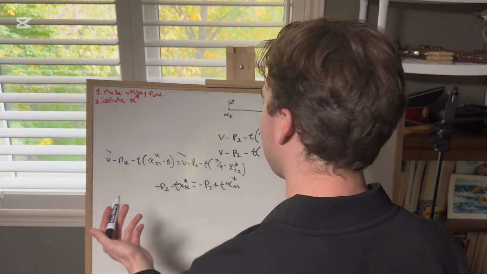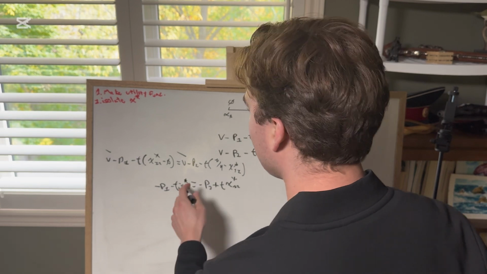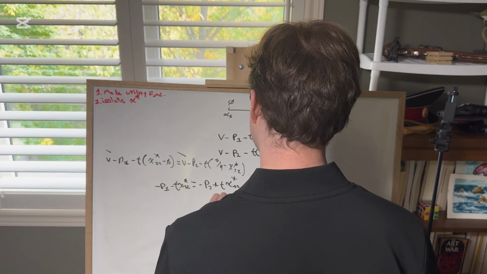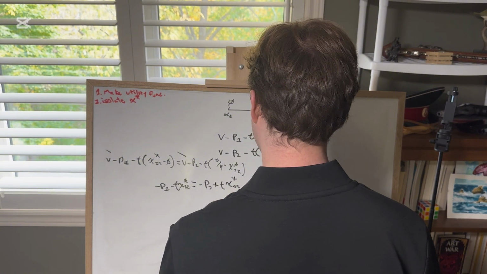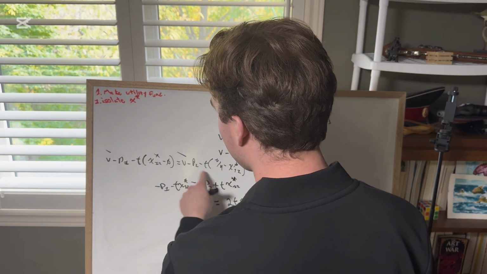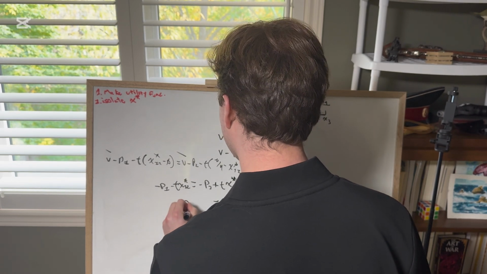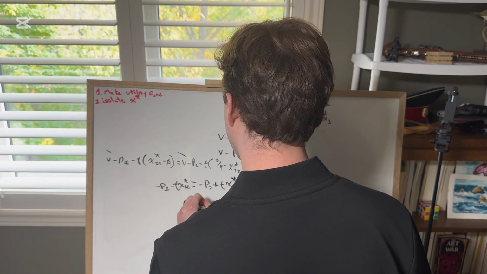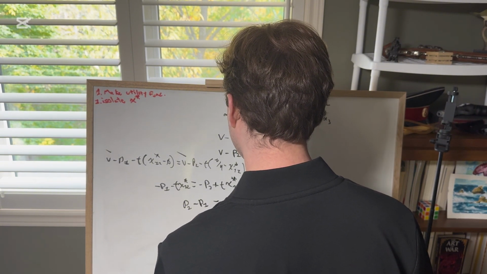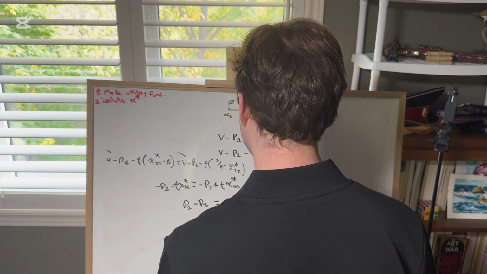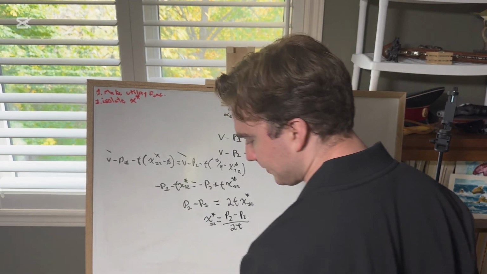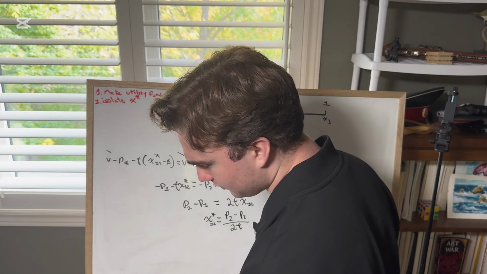It doesn't really matter how you go about this, but I'm going to move this to the other side. This is giving me 2T X12 star. Moving this to the other side, so this is P2 less P1. Divide everything by 2T. You're left with X12 star equal to P2 less P1 all over 2T.